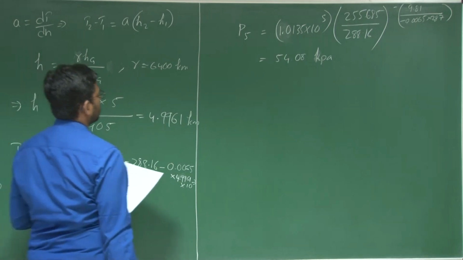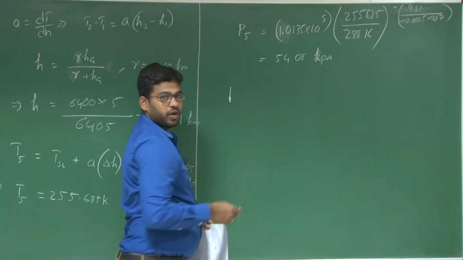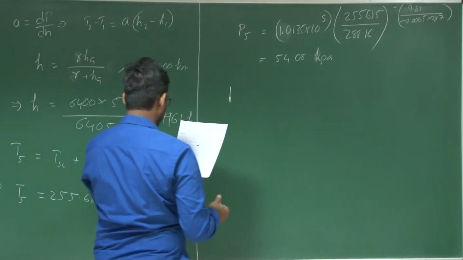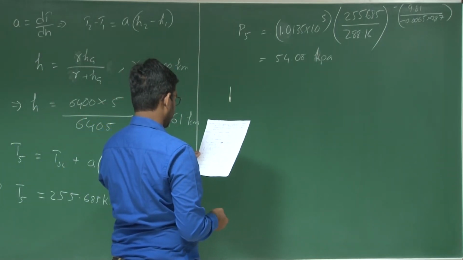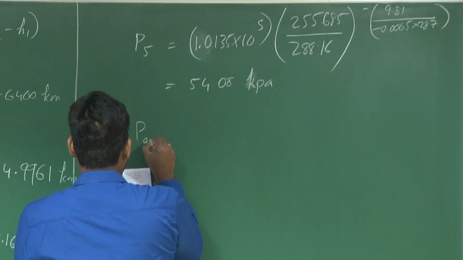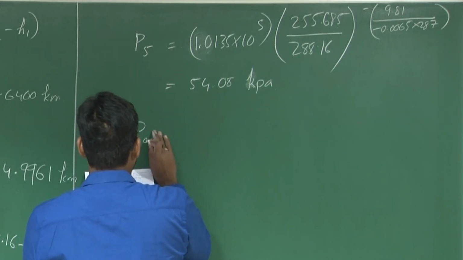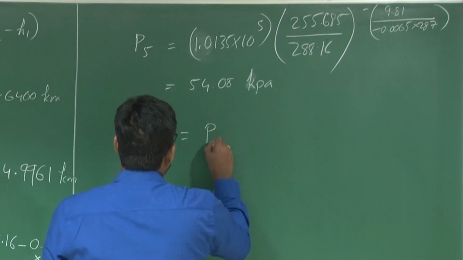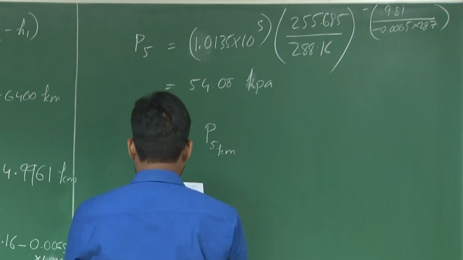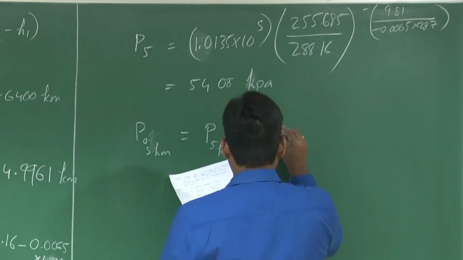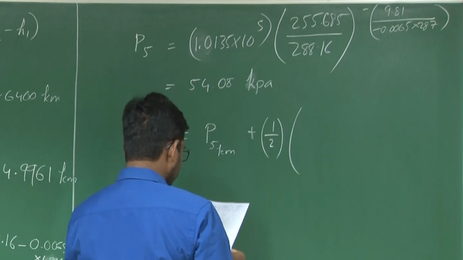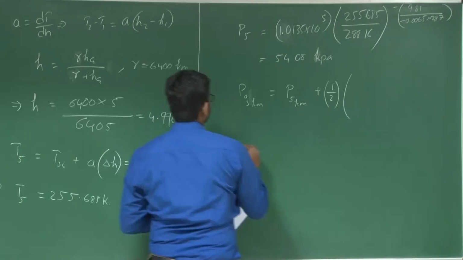Correct? Now, to find the total pressure at that particular altitude, I need to find the corresponding density at that altitude. Total pressure at 5 kilometers is equal to static pressure at 5 kilometers plus half rho V squared. What will be the density at that altitude?